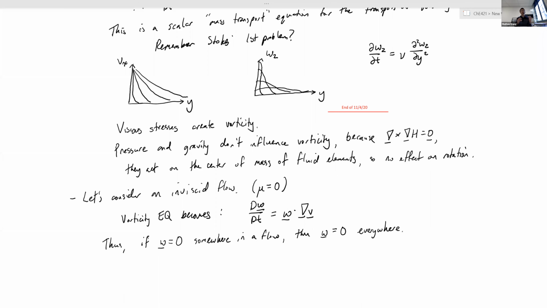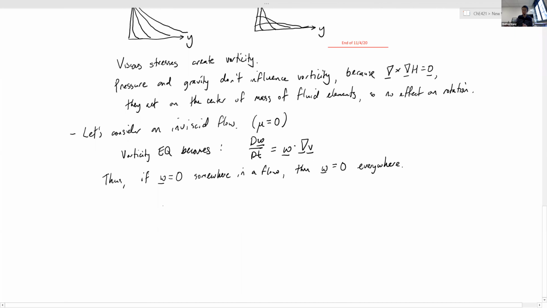Because if you are an element of a fluid that's moving along, and initially your omega is equal to 0, right? Then this equation, in an inviscid flow case, obviously, implies that omega is equal to 0, so that means your d omega dt, the change in your vorticity, is also equal to 0. You start off at 0. If your change is equal to 0, then you're always going to be 0 everywhere. Does that make sense?